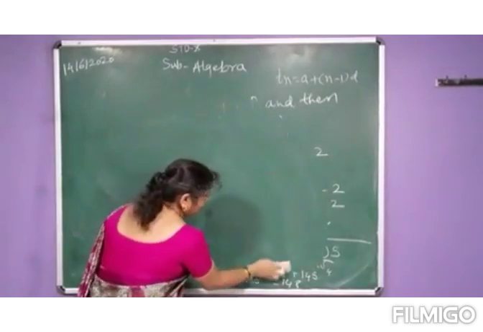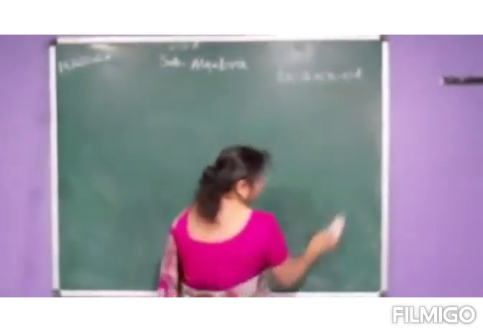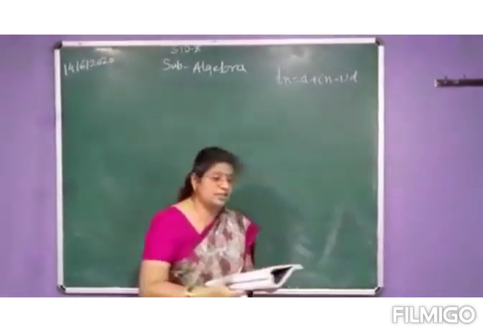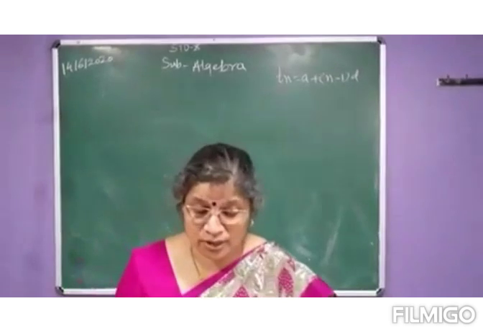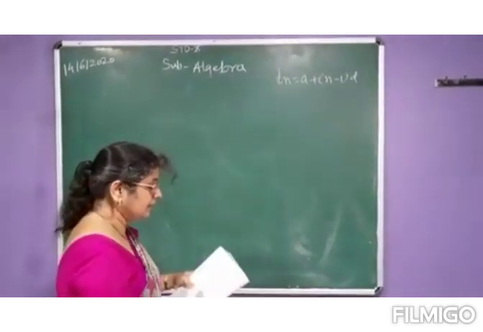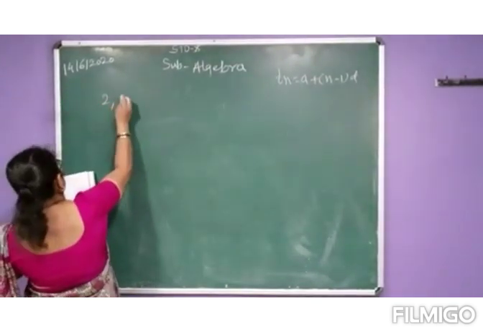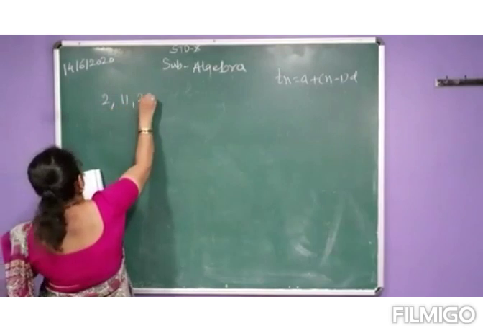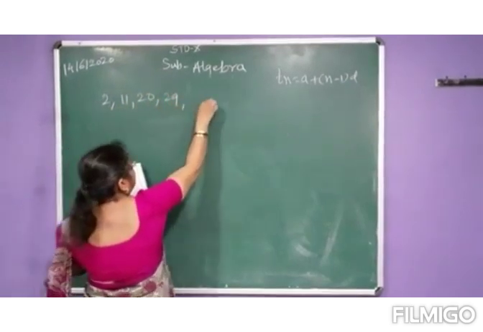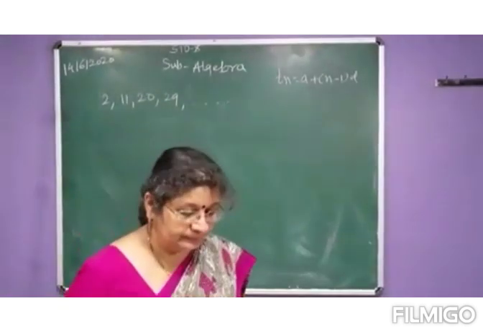What is given in the question is important, whether n is given or Tn is given. So you have to read the question properly. Now the question is, which term of the following AP is 560? The AP is 2, 11, 20 and 29. This is the arithmetic progression given.